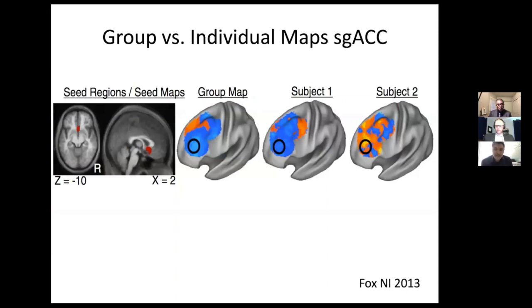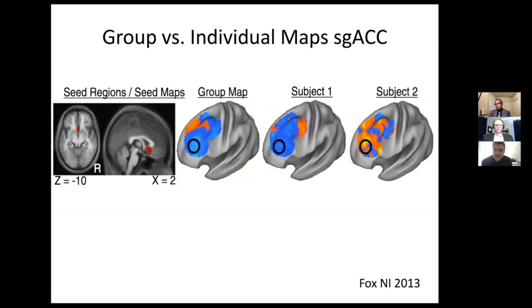This is from Mike Fox's work. Hi, Mike. So the group map, this is re-emphasizing a similar point, but specifically looking at a common depression treatment target, the subgenual cingulate. If you look at the group map here with the black circle, looking for a peak where you might want to stimulate, if you apply that to any individual subject, you might be doing a pretty good job, like with the center brain with that black circle.